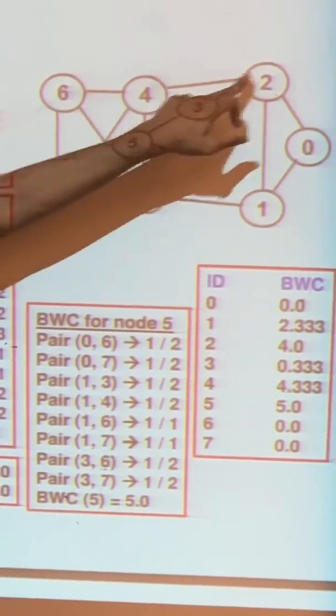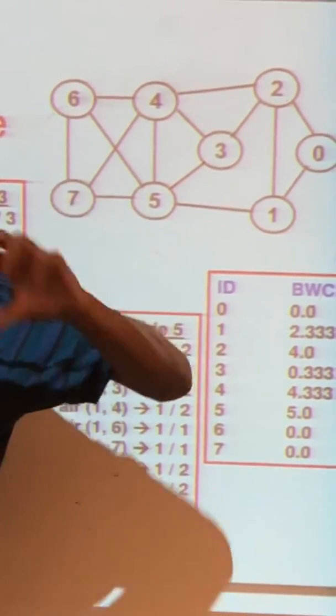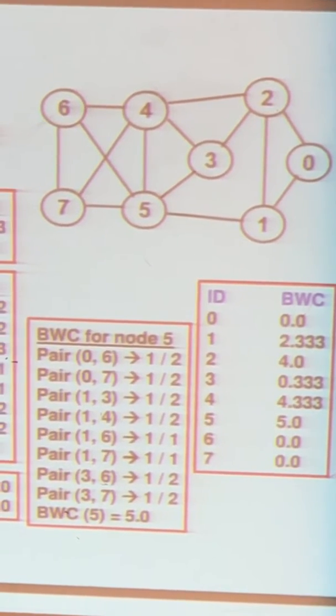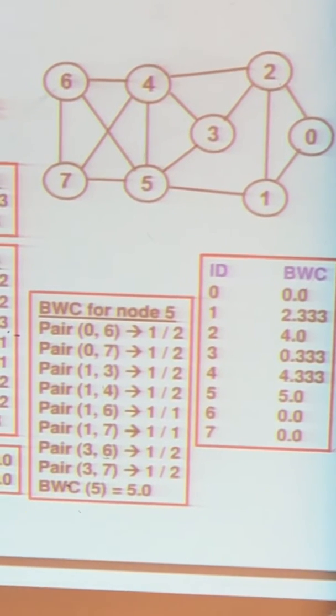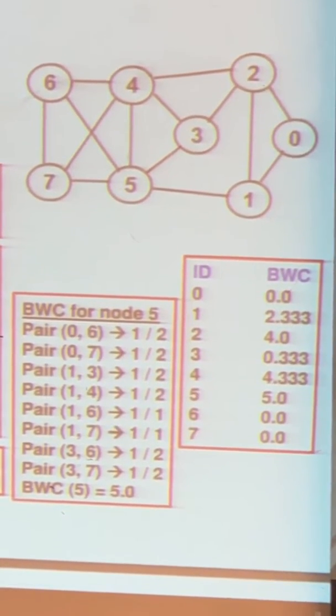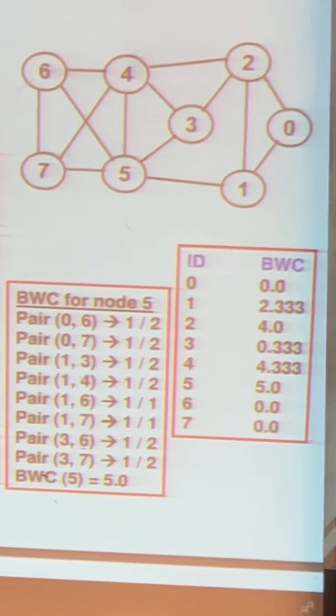Between 2 and 6, we have a shortest path that doesn't go through vertex 0. So no shortest path between any two vertices goes through vertex 0. That is why its betweenness centrality is 0. So from a betweenness point of view, vertex 0 is not important at all. None of the other vertices go through that vertex.